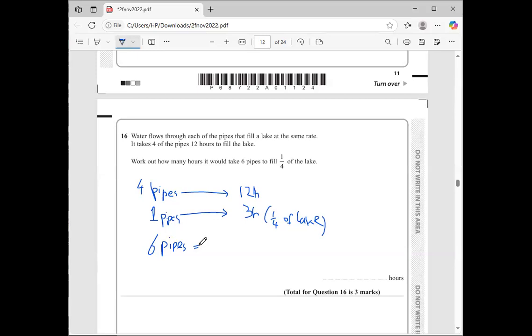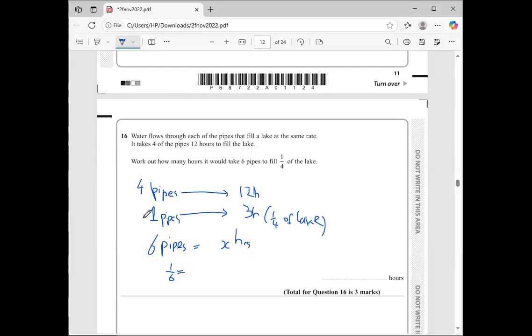So this is how I usually do this question. Since it looks like when one quantity increases, the other quantity is expected to reduce, this is what I do. 6 pipes will be required to fill in X. So this is how it's going to happen. We're going to go 1/6.